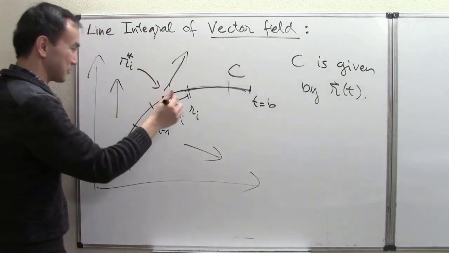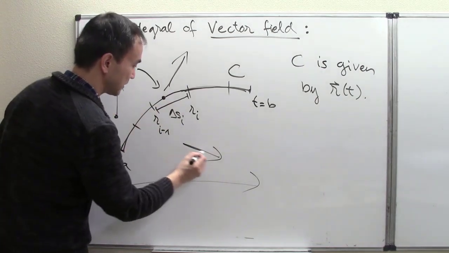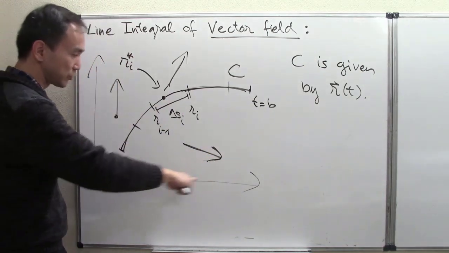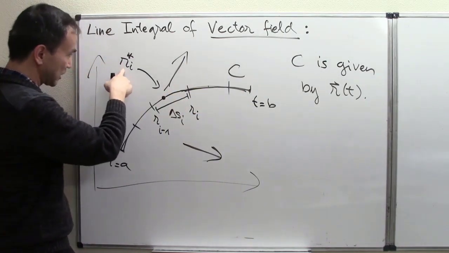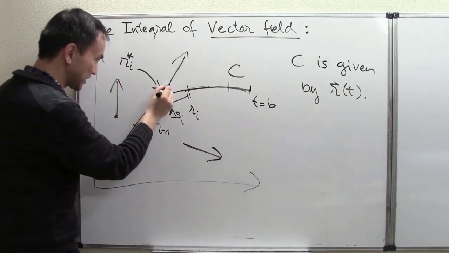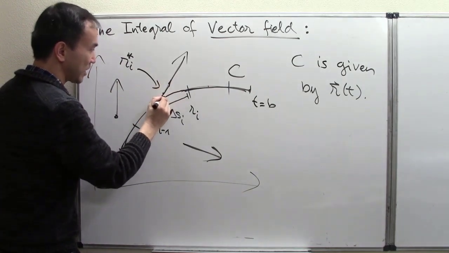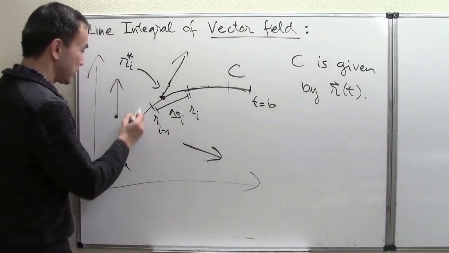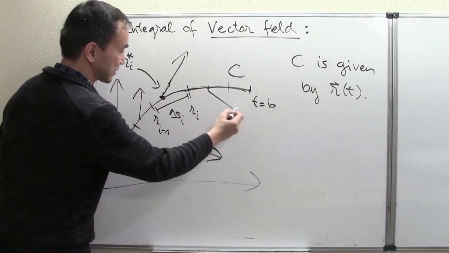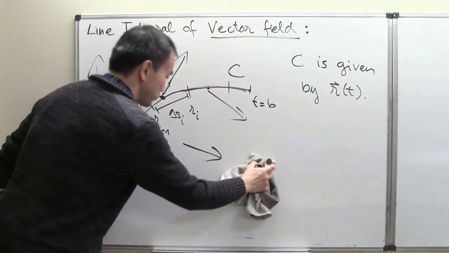At any point, 3D or 2D, including the point we choose on the path, there is a vector positioned right at that point, and that's why I draw a vector right there. At any other point you have other vectors, here is another vector. The 3D case is the same.